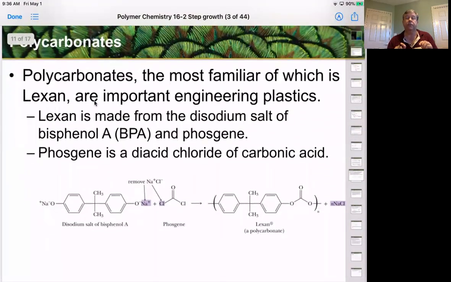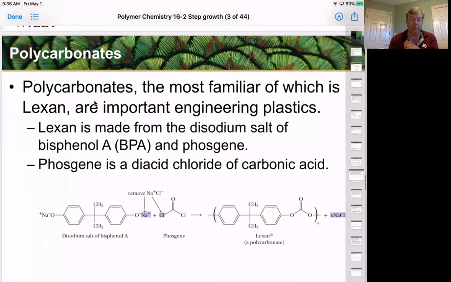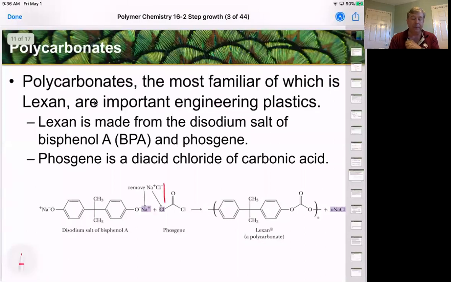Similar to polyesters is a thing called polycarbonates. In the case of a polycarbonate, what you have is a single carbonyl with 2 oxygen bonds onto it. So instead of making it by taking an ester and transesterifying it, what they do is they take a diacid chloride of just a carbonyl compound here, and they react it with a salt of an alcohol.